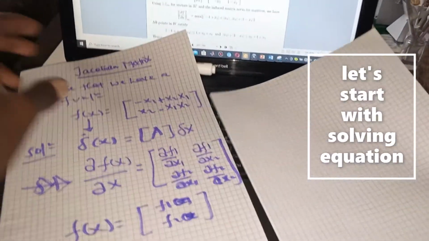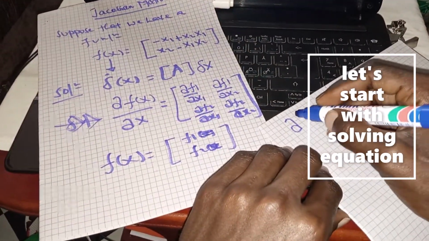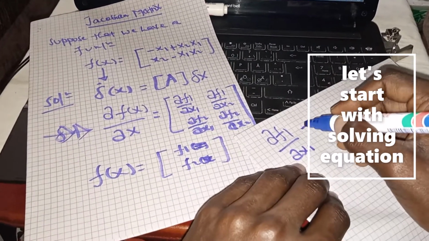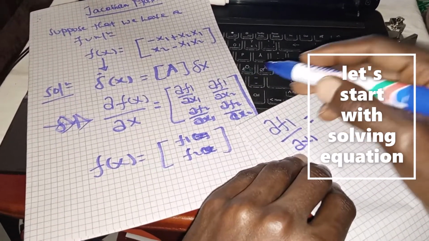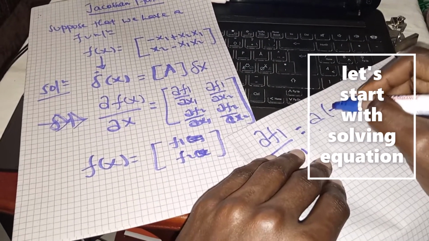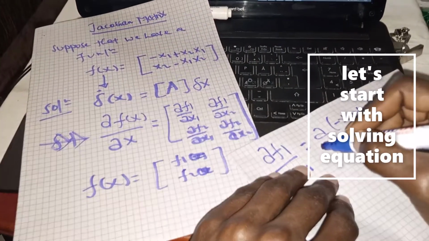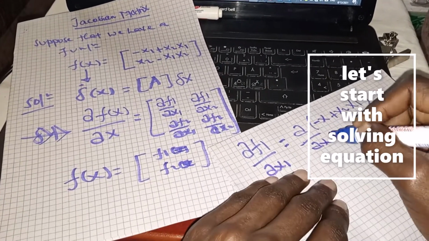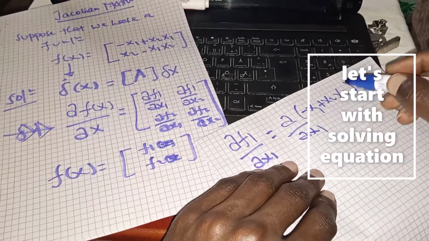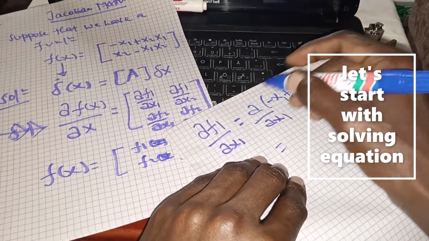So we have this function. The partial of f1 with respect to x1: we have to compute the partial of the function minus x1 plus x2 times x1 over partial of x1.